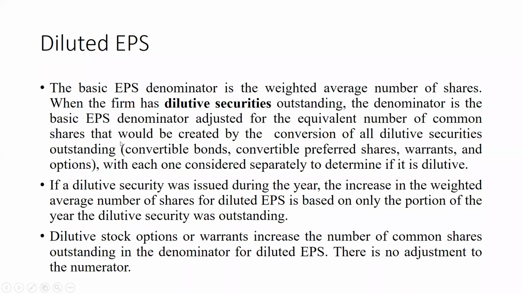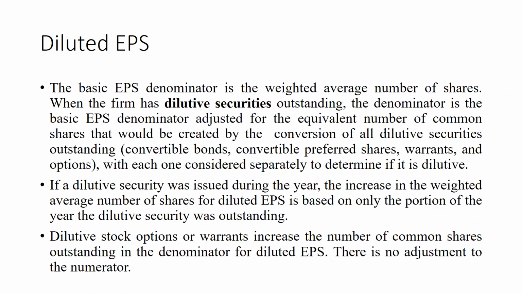When it comes to the denominator, it is the weighted average number of shares we used when we calculated the basic one. But with dilutive securities, the EPS denominator is adjusted with the equivalent number of common shares that would be created when conversion of dilutive securities takes place, like convertible bonds, convertible preferred shares, warrants, and options when they are exercised.